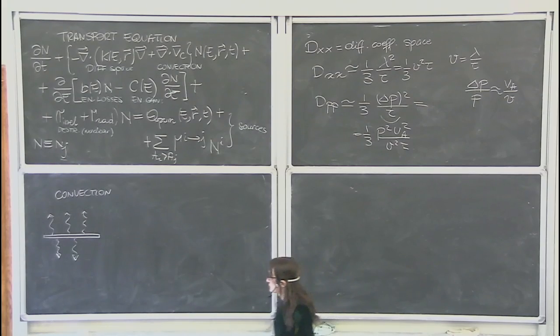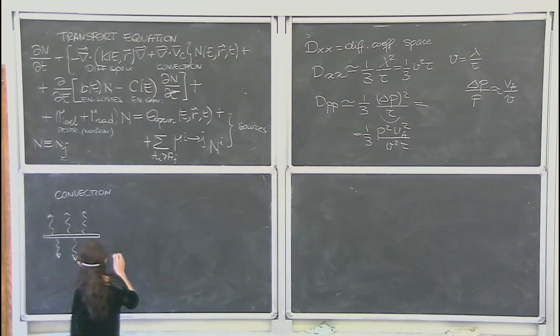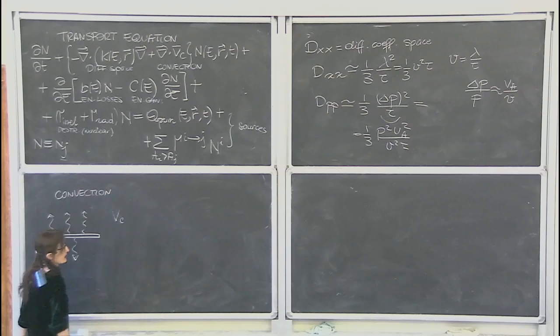This is the galactic wind, and the speed of the galactic wind is some convective velocity.